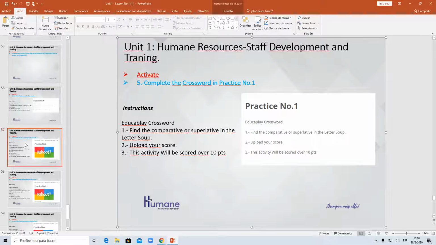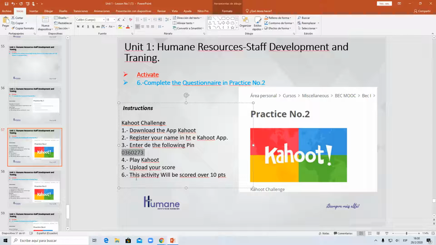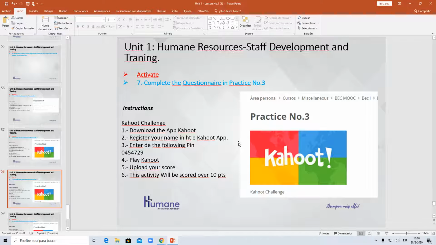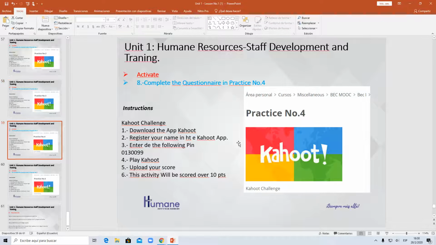Kahoot 2 is related to the vocabulary. Here you have to download the Kahoot app, then you register at Kahoot, and then you enter the pin given here. You play it, and then you upload the picture of your score. Then you have practice number 3 at Kahoot, I mean, practice number 4, and practice number 5.